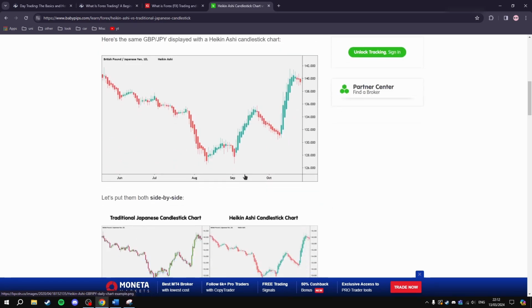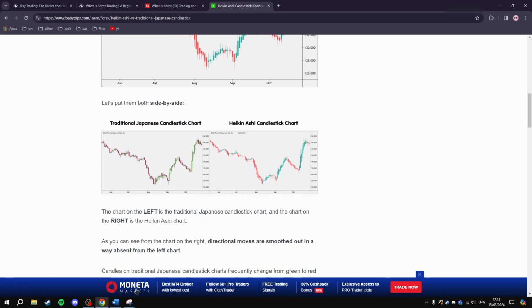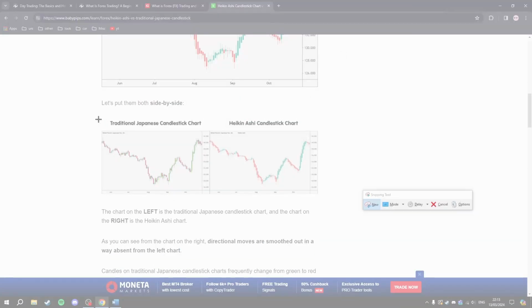Yep. Let's put them both side by side. Alright, let's do this.